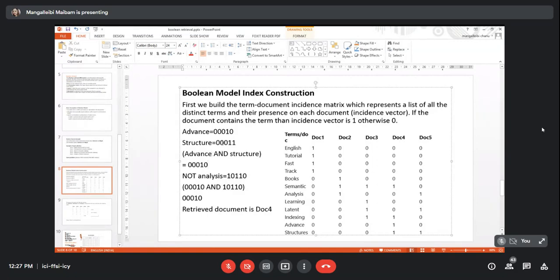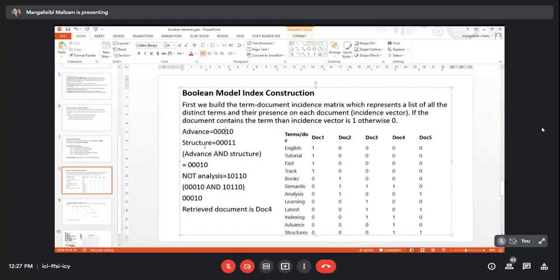So now you have to perform the AND operation of these two Boolean representations. How will you perform the AND operation? Only when you have 1 and 1, it will return a result 1. Otherwise all 0. 1 and 0 is 0, 0 and 1 is 0, 0 and 0 is 0.